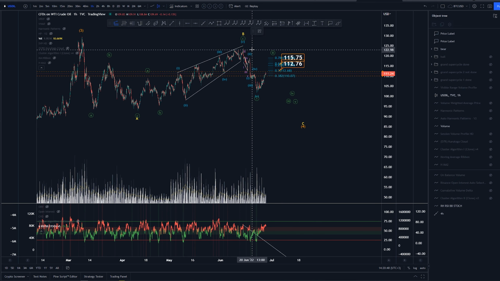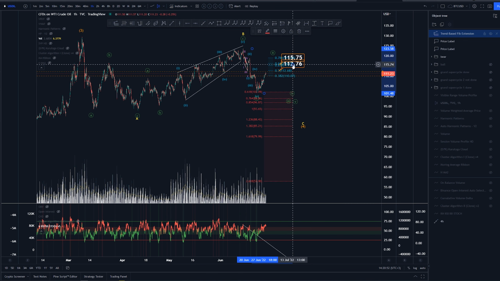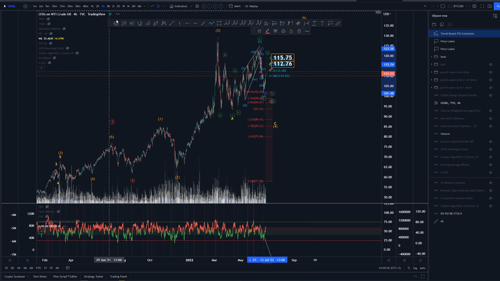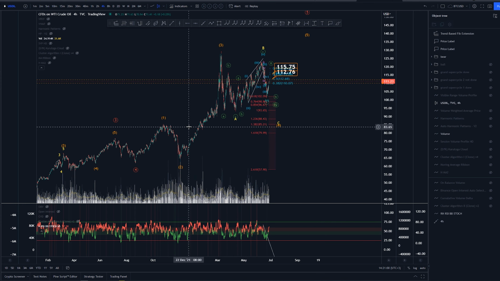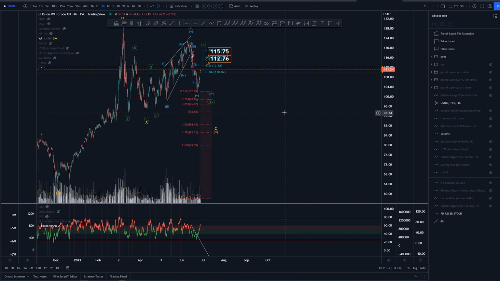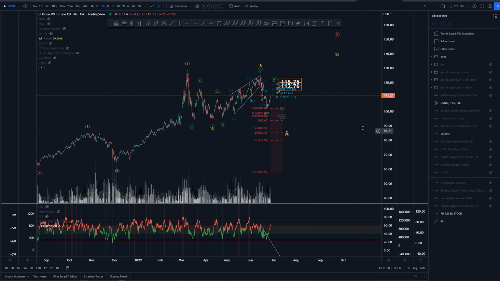If indeed we have this as a wave 1, coming back to the golden pocket, the 1.618 would already be at $80. We have the invalidation level for this overall idea already at $85. So this is overall not looking too good. We'll see what happens in the future.